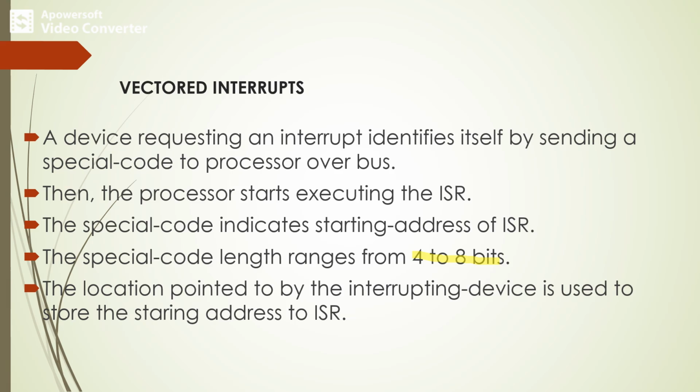In the case of vectored interrupts, we can reduce the time involved in the polling process. In the polling case, the processor takes longer to identify which device placed its request. The vectored interrupt reduces this time.